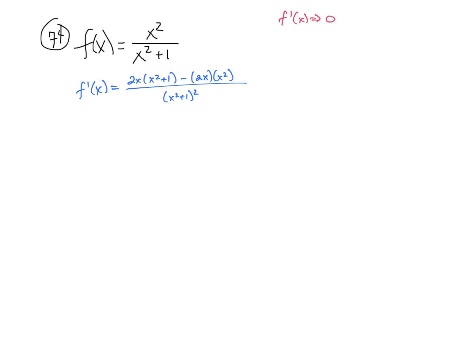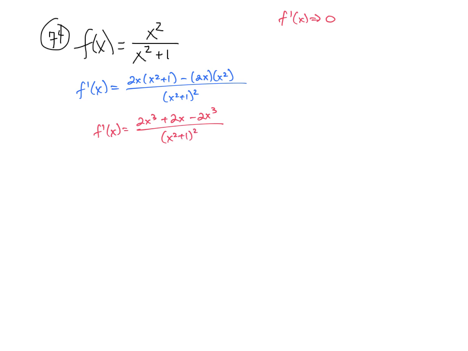We got to simplify this a little bit. So let's distribute. F prime is still equal to 2x cubed plus 2x minus 2x cubed, all over quantity x squared plus 1 squared.